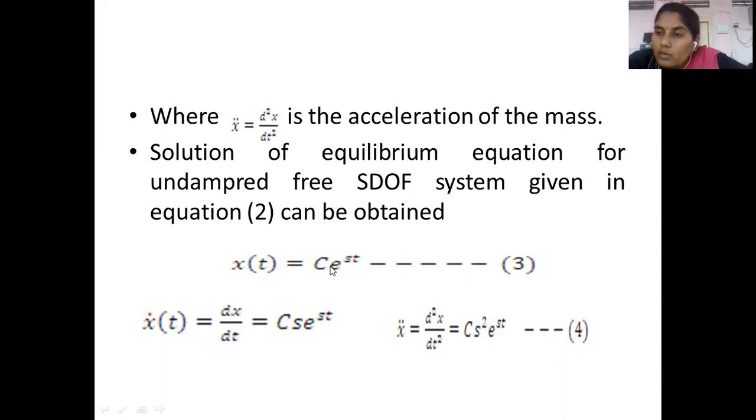Okay, when we get the values of S and C from this quadratic equation, then we will solve this equation.